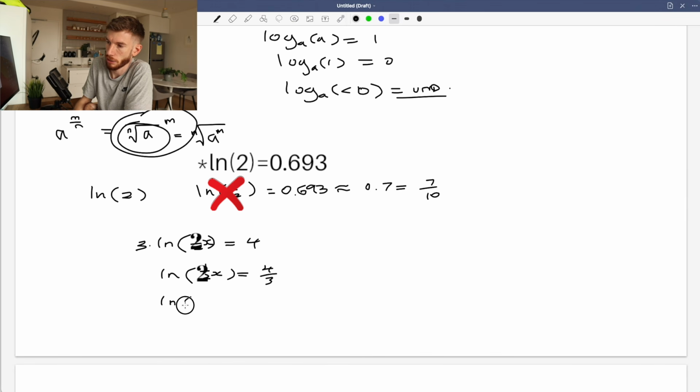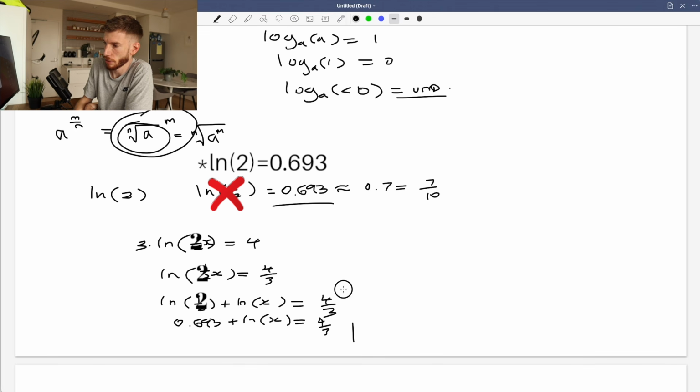And at this point here, you could apply 2 log laws. So you could go, oh, okay, well, that's the same as log of half plus log of x, right? Reversing that first log law is equal to 4 on 3. And we already know that log of half, given in the question, is 0.693 plus natural log of x is equal to 4 on 3. We'll come over here.